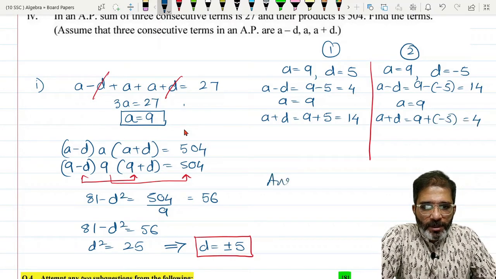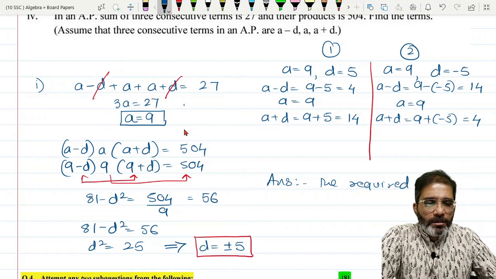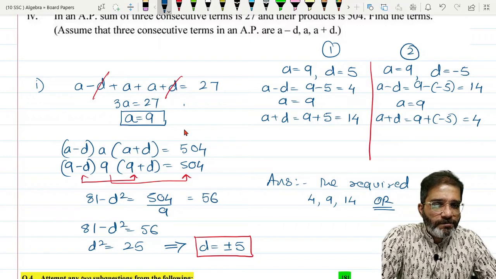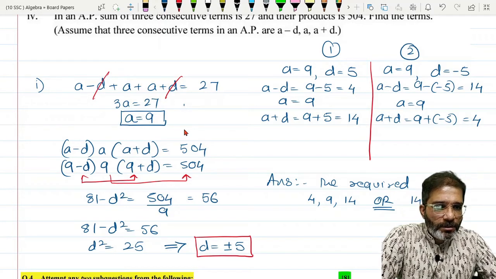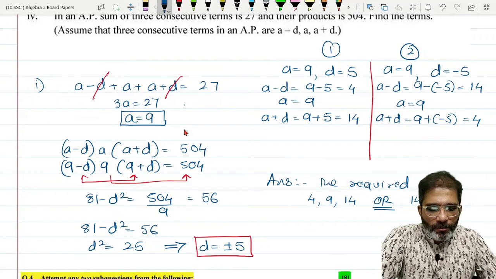Okay, so when I write the final answer, the required AP is 4, 9, 14, or we have two answers, or it is 14, 9, 4.